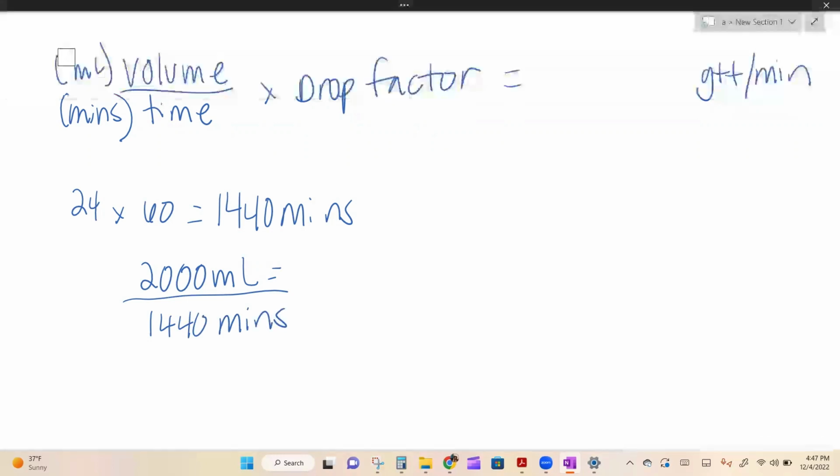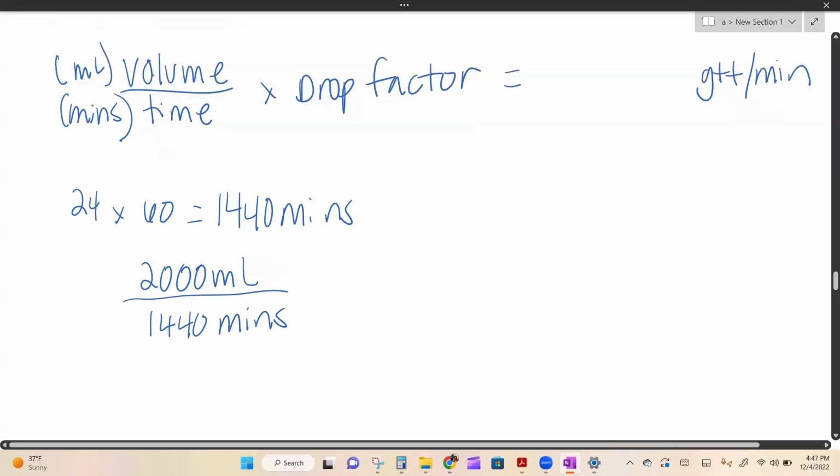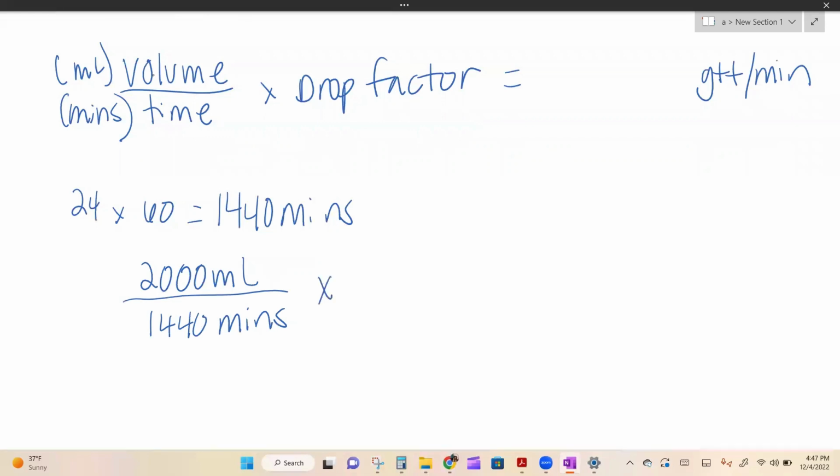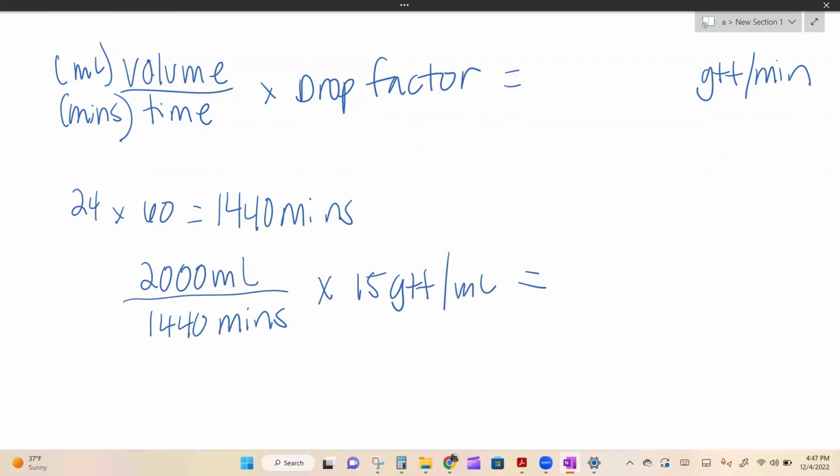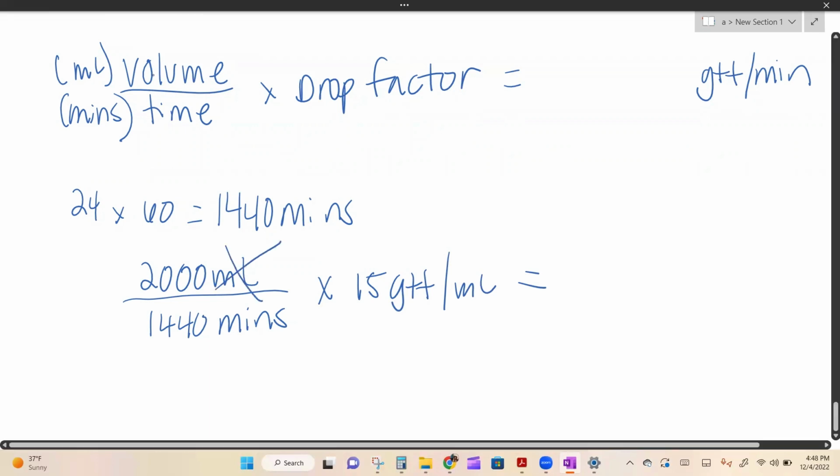And then we're going to multiply that by the drop factor, which, remember, was 15 drops per ml. So we can first cross off like units. We have milliliters, so those are going to be gone, not the number, just the units. Now you can see we only have the units of drops per minute, which is what we want in our answer.